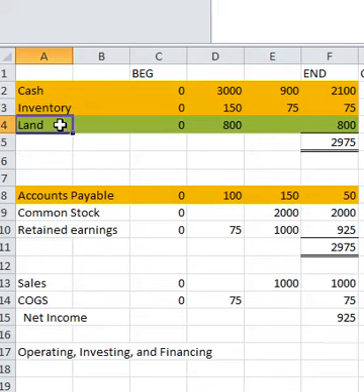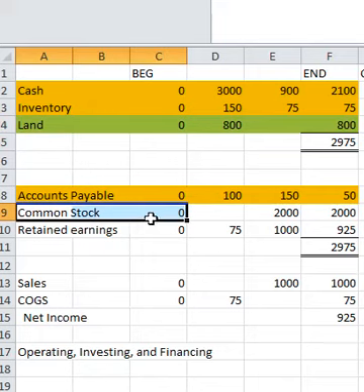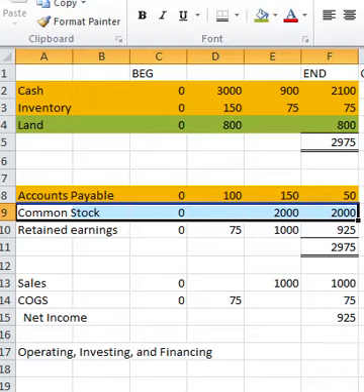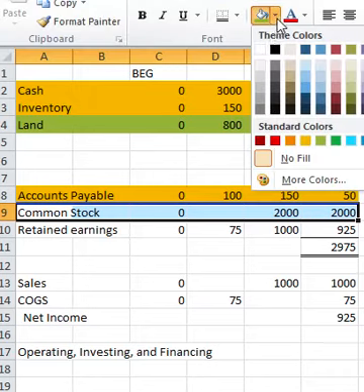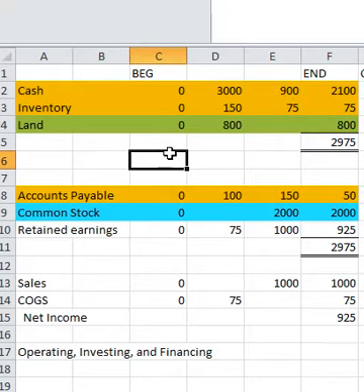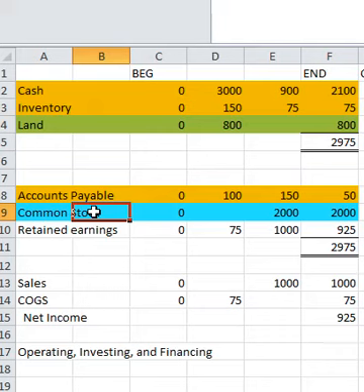In my very simple example, we just have land. Then when I get down here to my common stock, this is from the equity section of the balance sheet, which we've studied over and over again this semester. The common stock represents the financing activities. Now, in addition to common stock, any long-term debt would also be a financing activity.